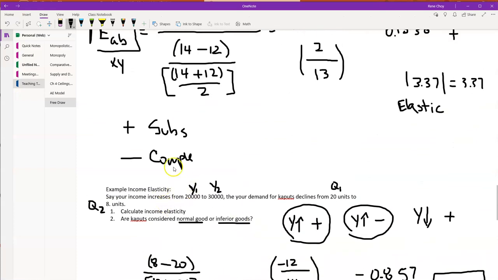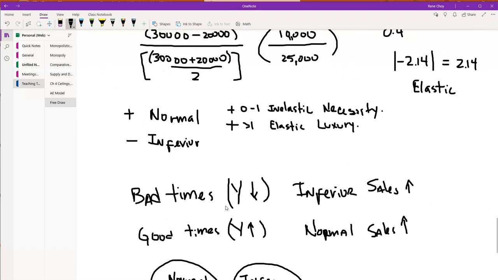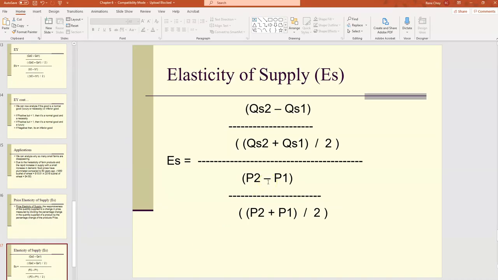Okay, so I'll set up an example like this, then you end up with a change, and then you calculate it very much the same way. Now, elasticity of supply will give you a quantity supplied, and it will give you a price. And that's how you calculate the elasticity of supply relationship. And you can calculate any sort of elasticity by having two products and a change in behavior between one product and the other. Okay, so elasticity of supply can be calculated by following the midpoint formula.